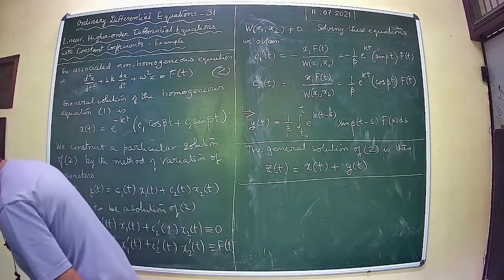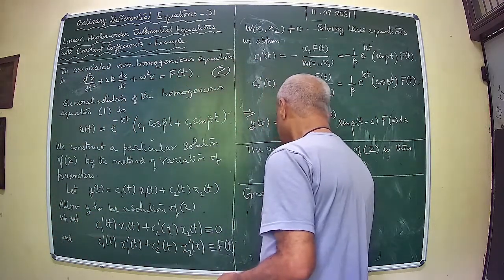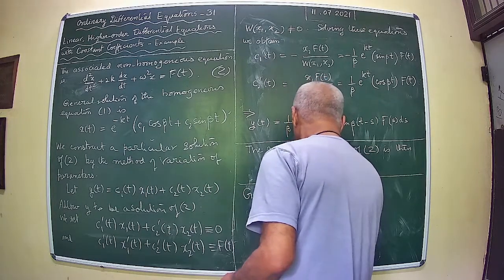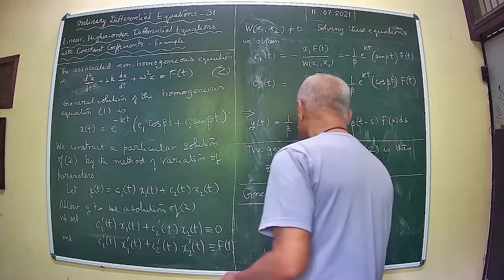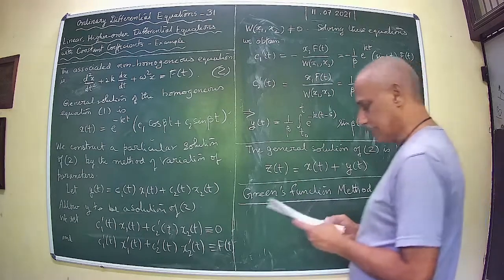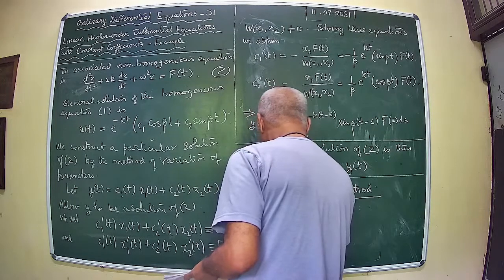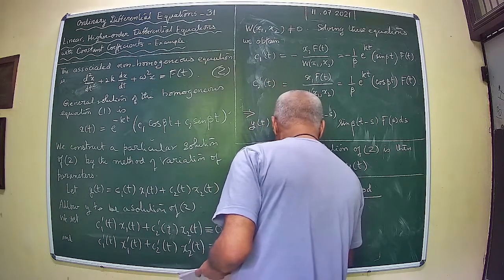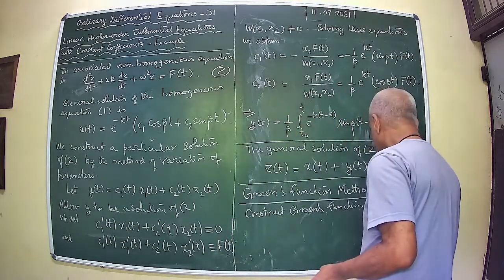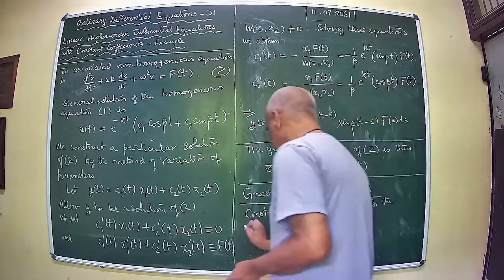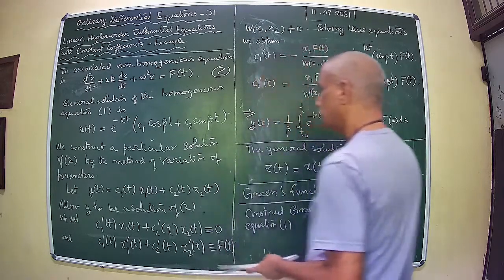Now what we want to do is work on the Green's function. Once again, construct Green's function for the homogeneous equation, for the equation 2.